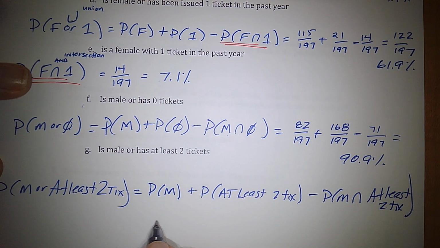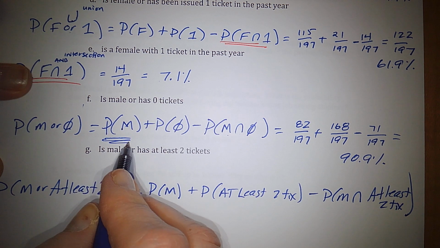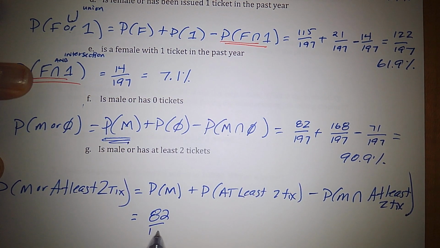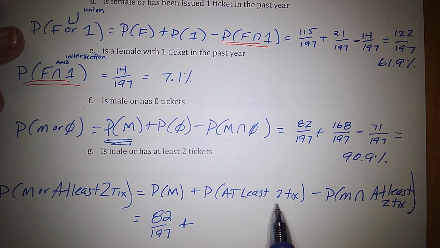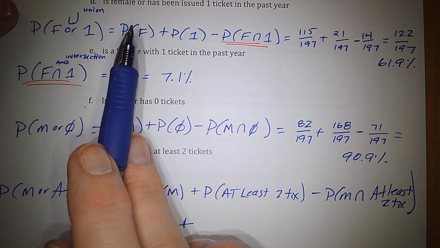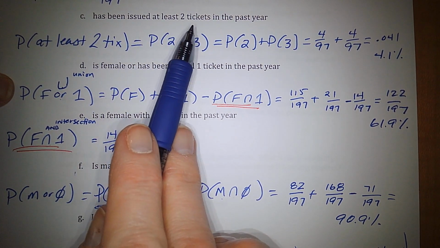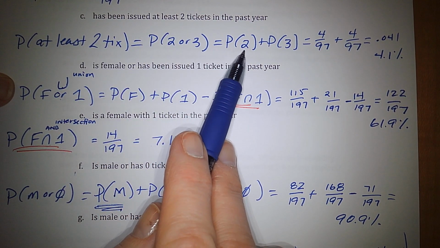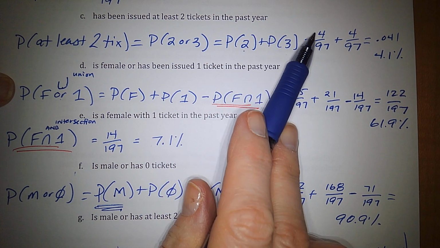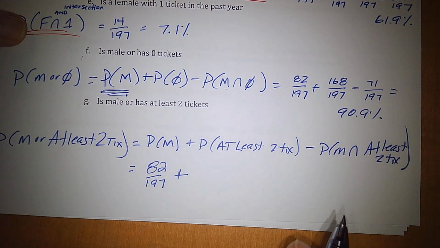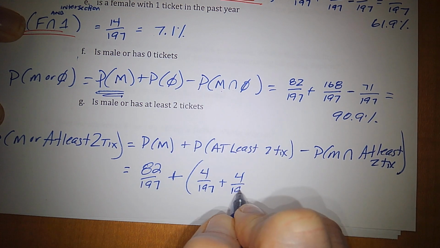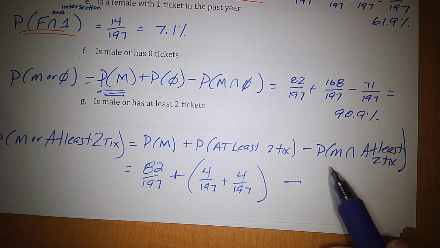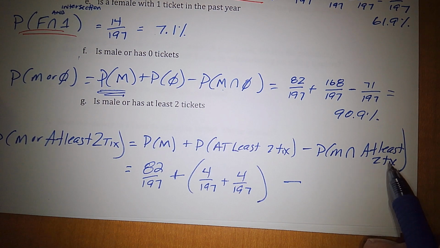Okay, so the probability of being male, we've already answered that question up here. There are 82 males in the study. Then we're going to add the probability of at least 2 tickets. Well, the probability of getting at least 2 tickets we found up in part C. The probability of getting at least 2 tickets is the probability of 2 tickets plus the probability of 3 tickets. So it's 4 out of 197 plus 4 out of 197. Minus the probability that someone could be male and received at least 2 tickets.